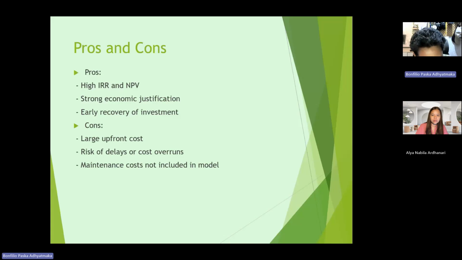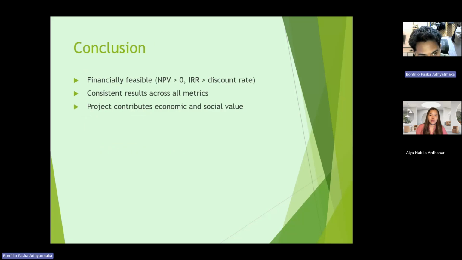There is also a risk of delays or cost overruns, especially in infrastructure projects where weather, logistics, and land acquisition may become issues. And finally, the current financial model does not include long-term maintenance costs, which could affect the project's sustainability if not properly planned. Next.